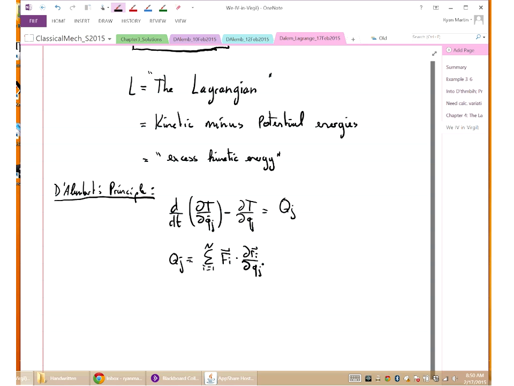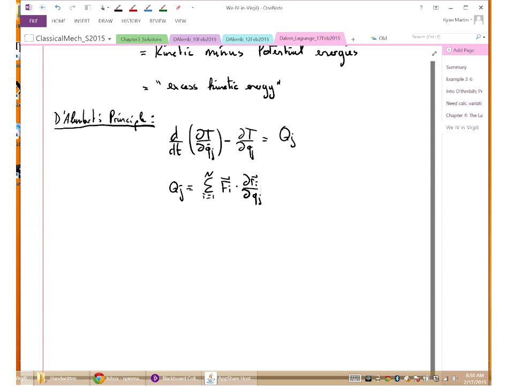Now let's extend this to maybe there's more than one force on the particle. Alright? So let's work on this capital Qj term. Capital Qj, I'm just going to start by rewriting the definition.